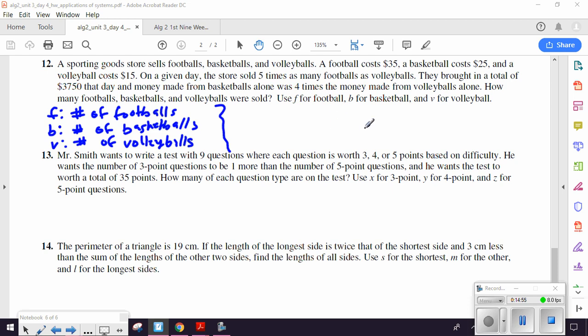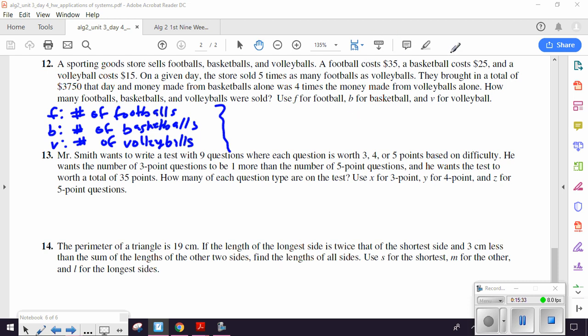Wait, are we missing some information? Okay, they brought in a total of 37.50. Okay. The store sold 5 times as many footballs as volleyballs.